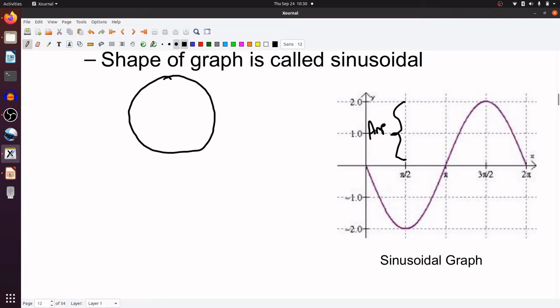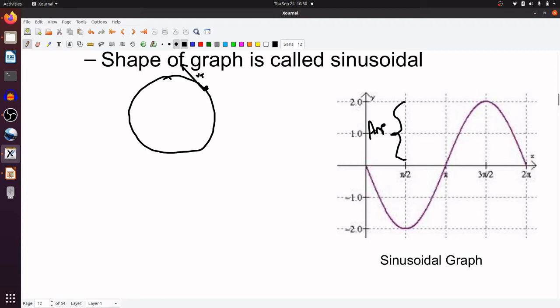So if I have a circle, and let's say I have a little particle at this point right here, it has a tangential velocity. Let's make this straight because we can. Going off right here, this would be your tangential velocity.